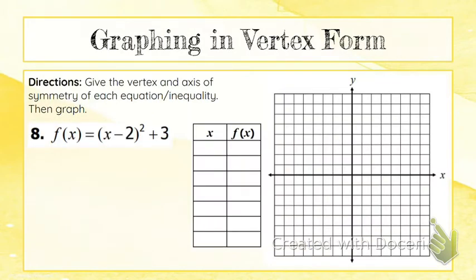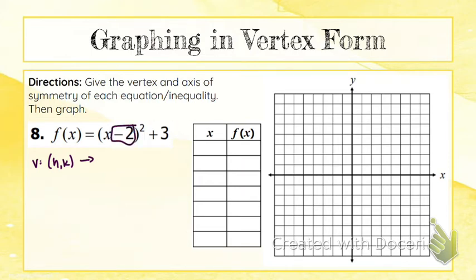And now we are going to graph a couple of these. So number 8, it says to give the vertex and axis of symmetry and then graph it. So remember that the vertex is h comma k. So here's h and here's k.